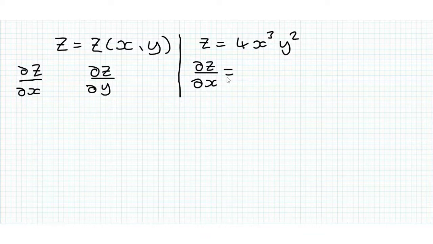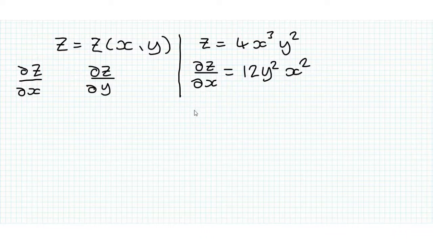Well, y here is just a constant, so our constant is just 4y squared, right? And then to differentiate with respect to x, well, we multiply down by the power and reduce the power by 1. So 3 times 4, so that gives us 12y squared x squared, okay? That's that.